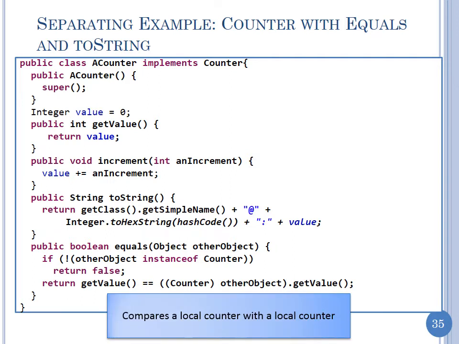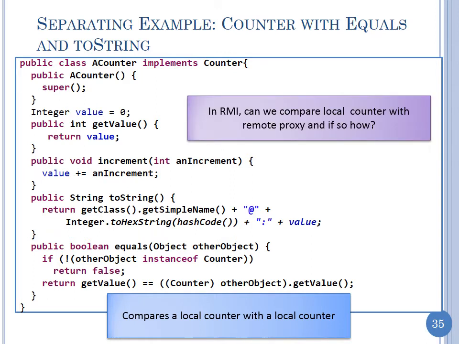Now, we'd like to convert this counter into a distributed counter, and we'd like to have maybe a different equals that allows us to compare a local object with a proxy for it. We know we can't call an equals on a proxy that takes a remote object as an argument, but we can invoke equals on a remote object that takes a proxy as an argument.